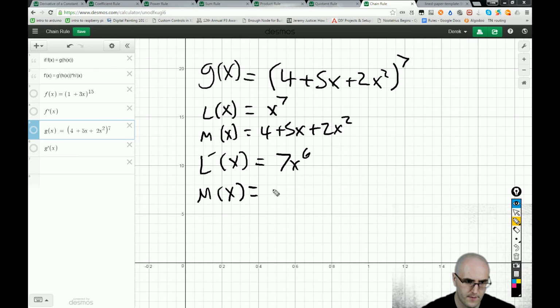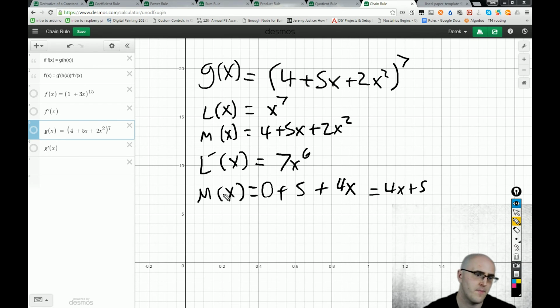So we have the derivative of 4 is 0, plus the derivative of this, which is 5, plus the derivative of this, which is 4x, which is equal to 4x plus 5. That's m prime.